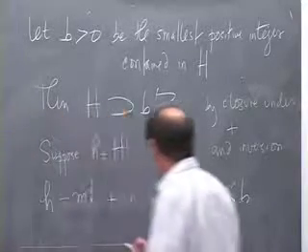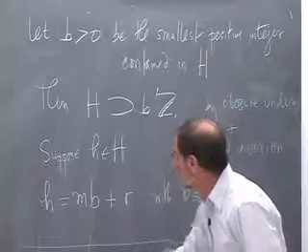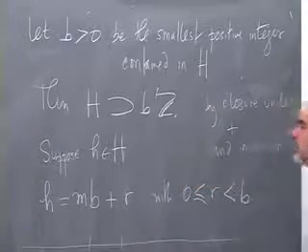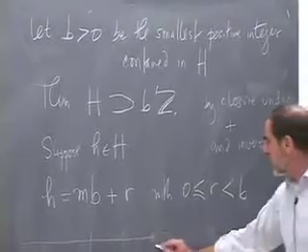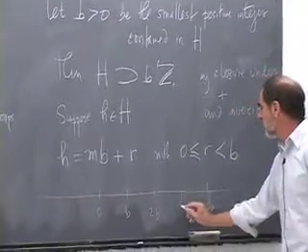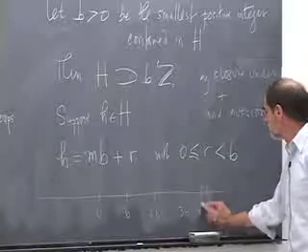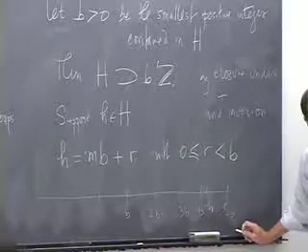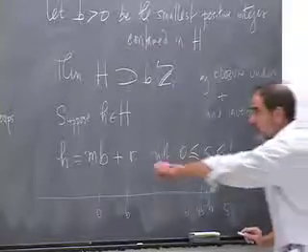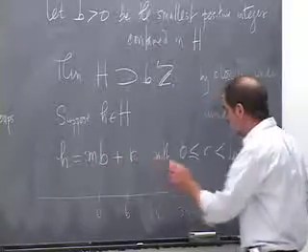If you think of the elements in the group on the real line, here's 0. Here's our smallest element b, which is in H. Here's some other element h, which is in H. We just go marching off here in multiples of b until h is squeezed between two multiples of b, which means that if we subtract that multiple of b from h, the remainder is less than b.